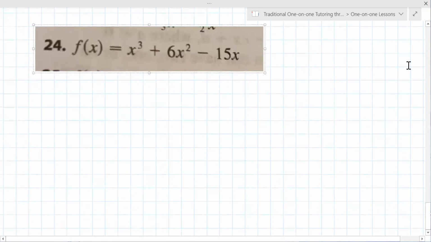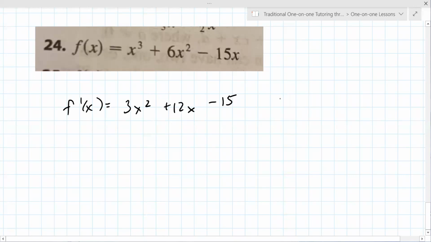All right. So to find critical numbers, you have to take the derivative: 3x squared plus 12x minus 15. You have to set it equal to 0. So here you're going to have to factor.